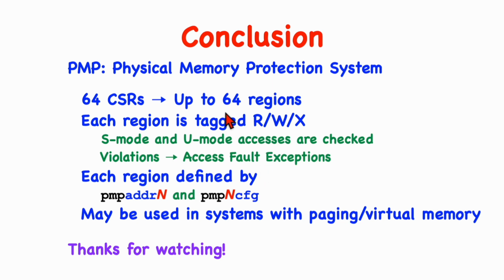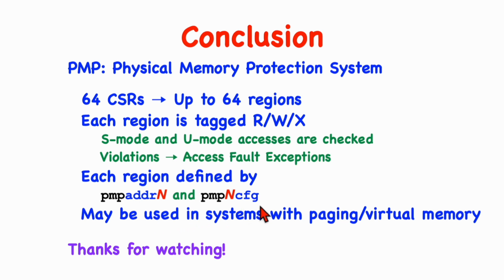A core may implement up to 64 such regions, or maybe it doesn't even implement the PMP system at all. But if memory protection is implemented, we saw that each region has both an address register and a configuration byte. These describe the address regions.